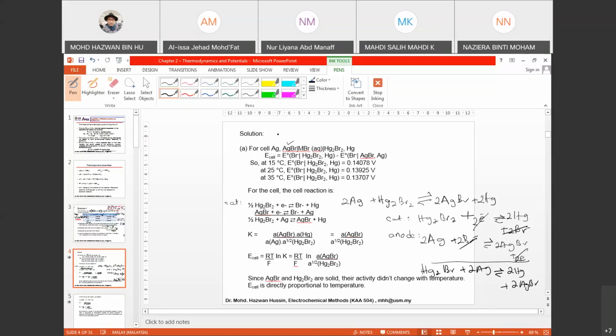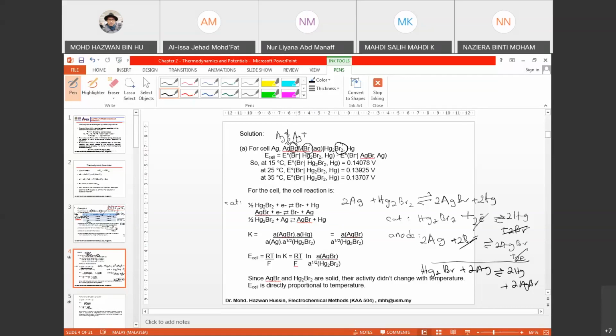So we have to address the Br. As I mentioned earlier, Br is the common ion. It is used as an electrolyte, MBr, metal bromide, any metal.